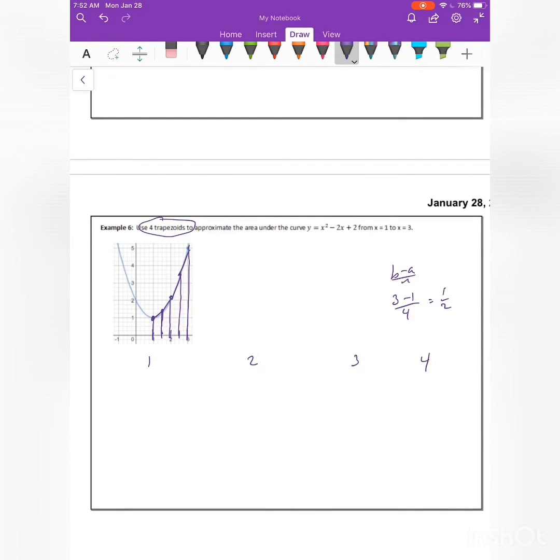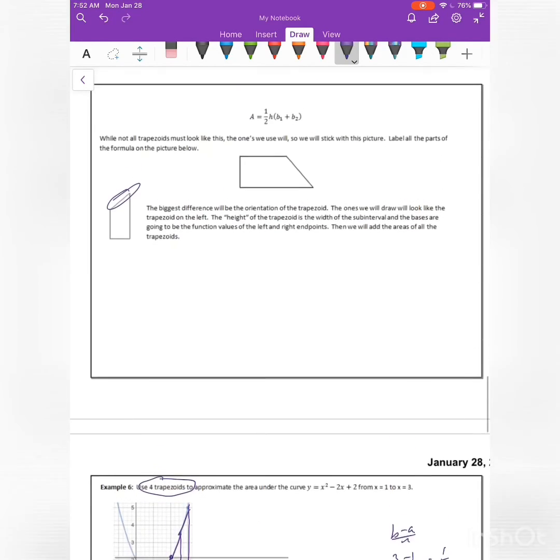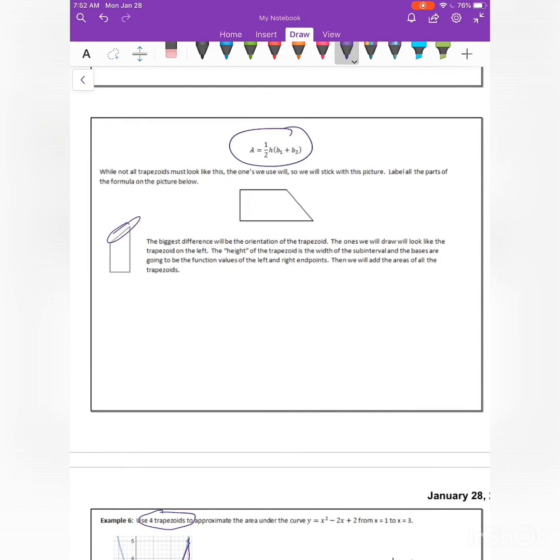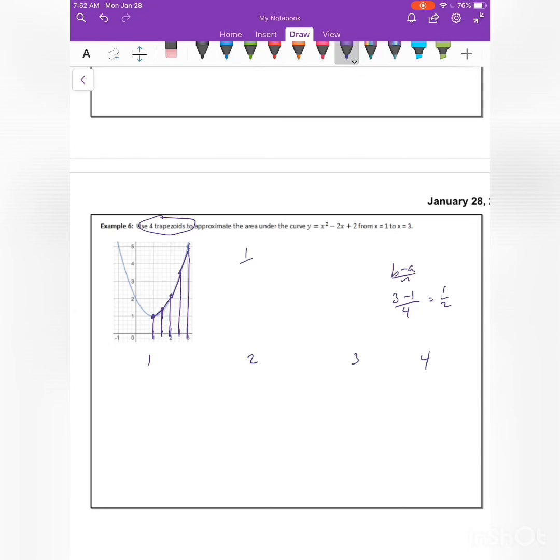do individually. So the formula is right here if you really need it. So 1/2 times the height, base 1 plus base 2. Now the height is always the distance between the two parallel sides. I don't know if you remember that. So that's actually this. So the height is actually 1/2 for all the trapezoids.